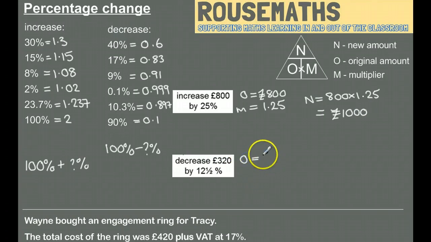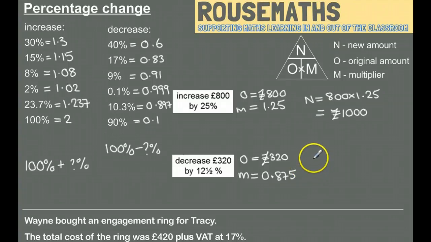So our original amount is 320. Now our multiplier, it's a decrease, so it's going to be 0 point something. And if we take 12.5% away from 100, we're going to end up with 87.5, and as a decimal, 0.875.